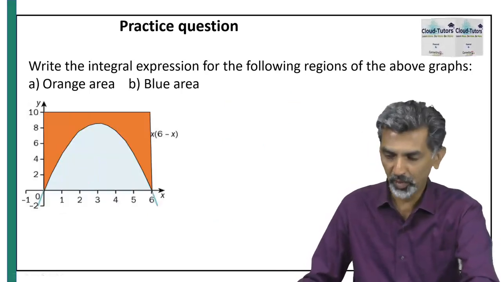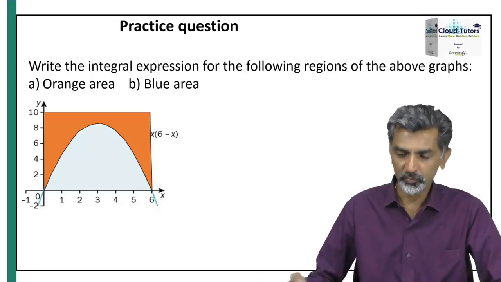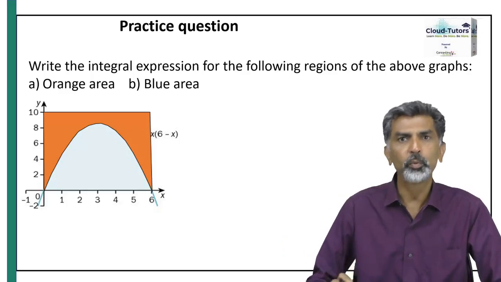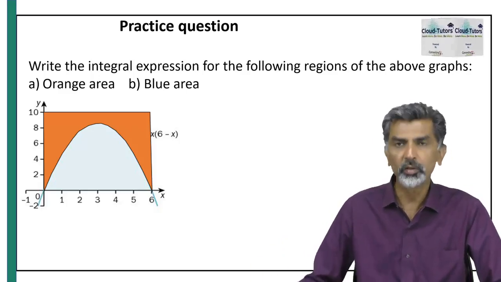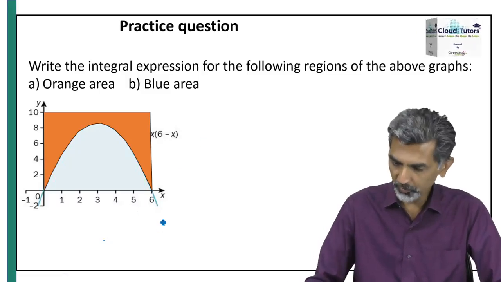A couple of other examples of this kind, and this is merely to reinforce the concept of how you can find the area between two functions. So let's do the orange and blue thing again. Let's do blue first.